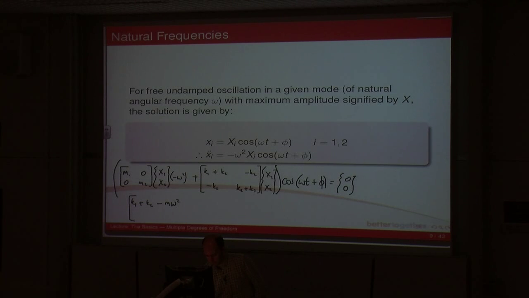Down here we've got minus K2, obviously plus 0. Minus K2 plus 0 is obviously minus K2. Down here we've got the same thing, minus K2 plus 0. And then we've got K2 plus K3 minus M2 omega squared. This is M1, by the way.